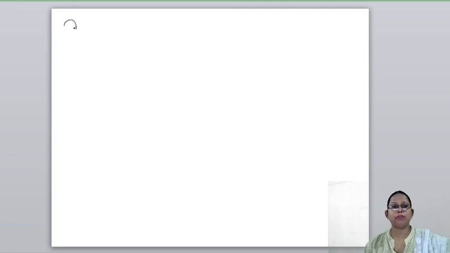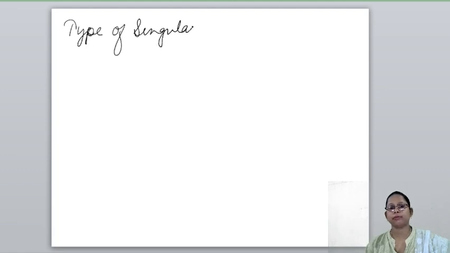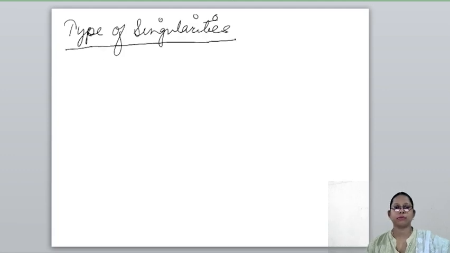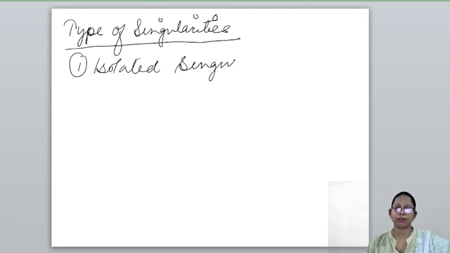Next is types of singularities. First is isolated singularity of a function f(z).